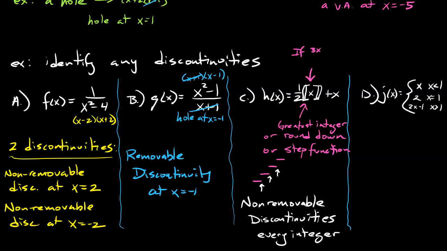A multiplier on the inside is supposed to stand for horizontal. No, it would just be inside the parentheses. You're not going to get one that complicated that we'll have to worry about the difference, I'll put it that way. I just wanted to write that little note so you would know to look for things like that. But that was a good question, because a 1/2 on the outside kind of is like a 1/2 on the inside. But on the round down function, it's not actually the same thing.